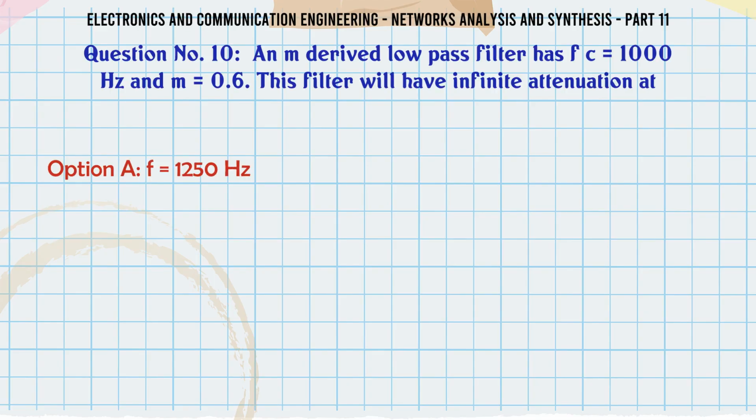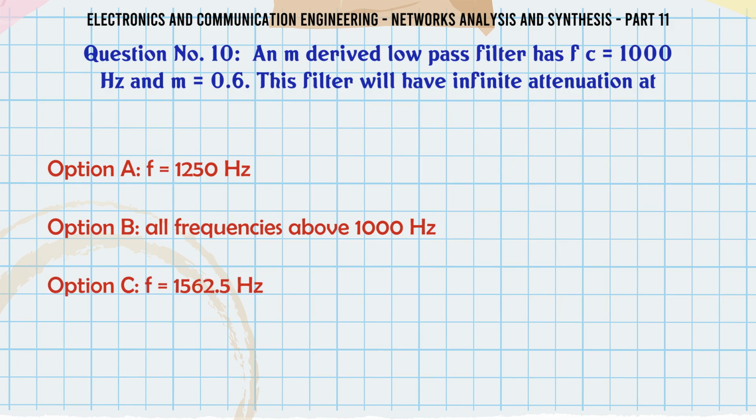An m-derived low-pass filter has fc = 1000 Hz and m = 0.6. This filter will have infinite attenuation at A 1250 Hz, B all frequencies above 1000 Hz, C 1562.5 Hz, D 1666.67 Hz.